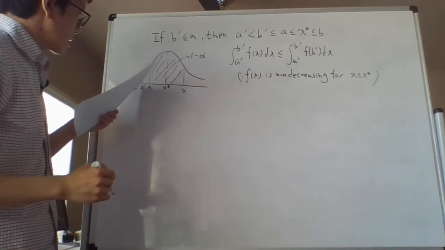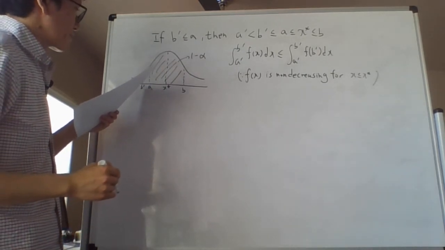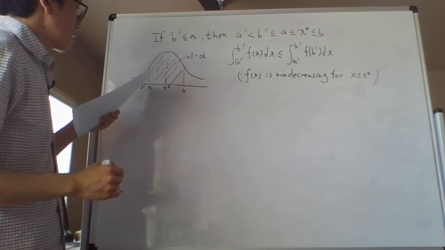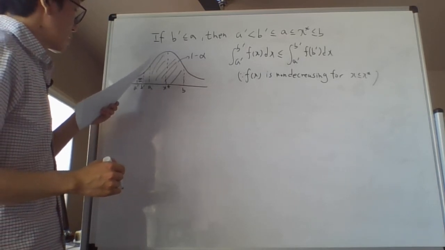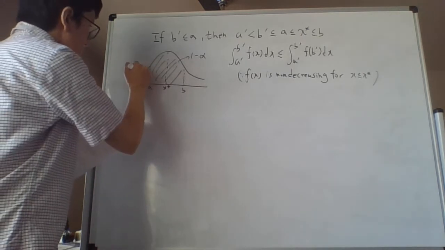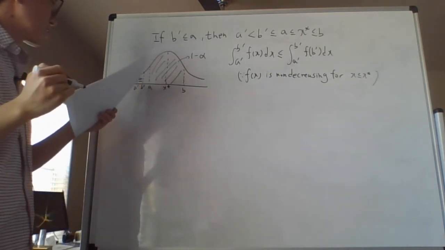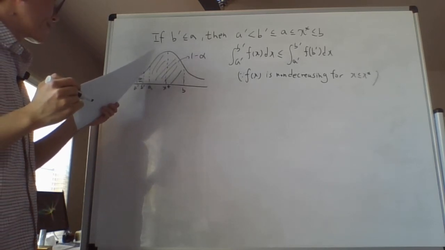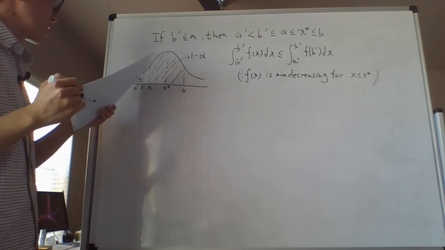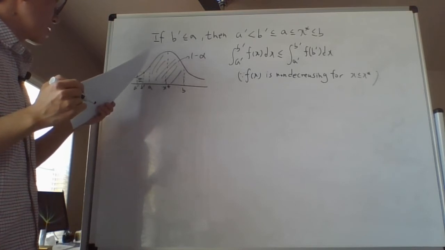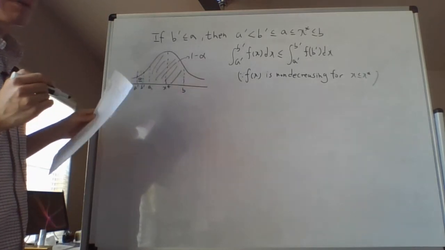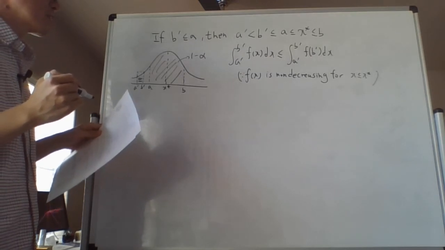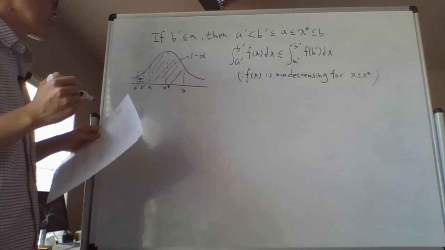If you look at this area between a prime and b prime, since b prime is greater than a prime, if you draw a rectangle between a prime and b prime, the area of the rectangle is clearly bigger than or at least equal to the area under the curve between a prime and b prime.